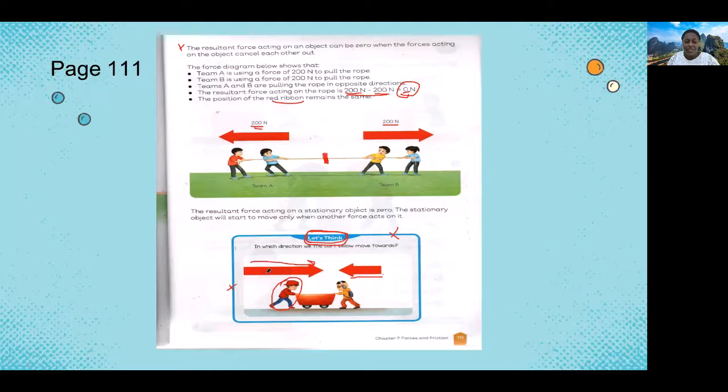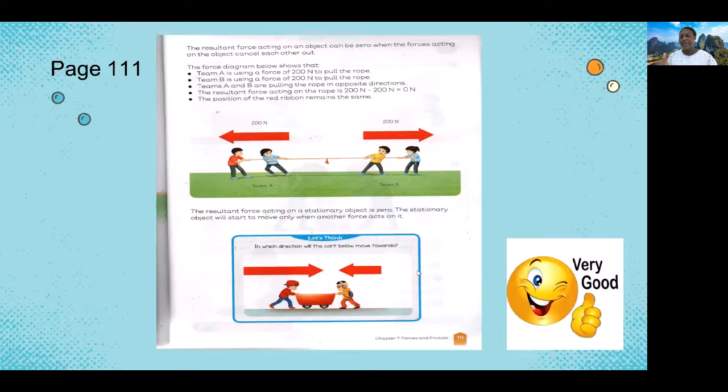It means that the force exerted here is much more than from the right side. So this cat will move towards the right side. You understand? Very good.